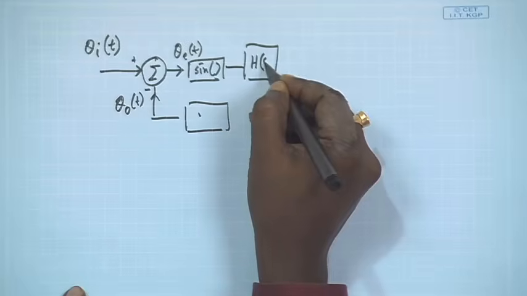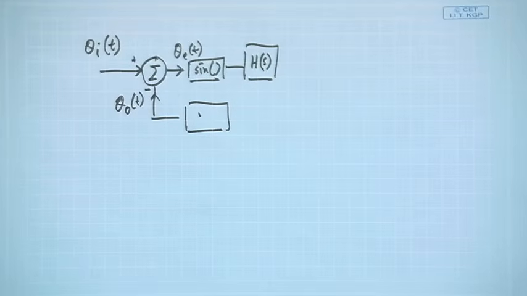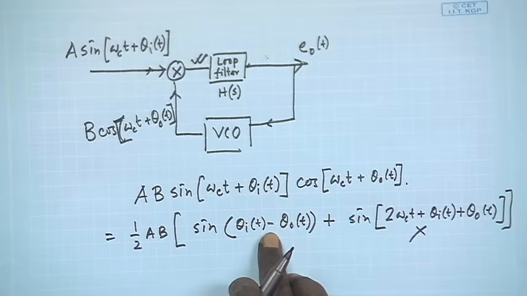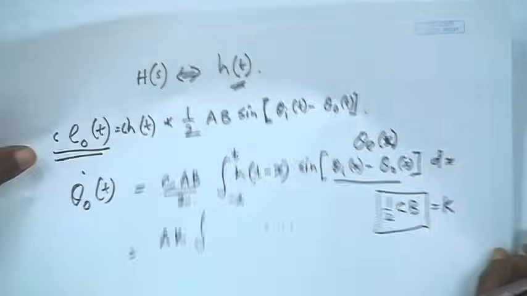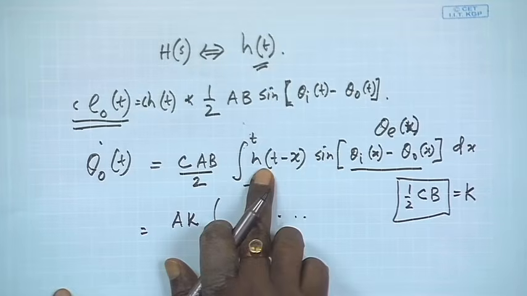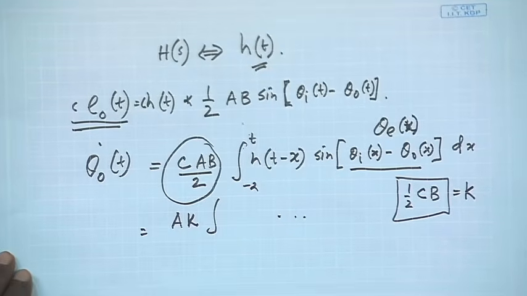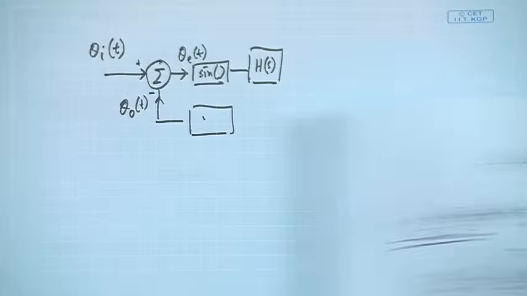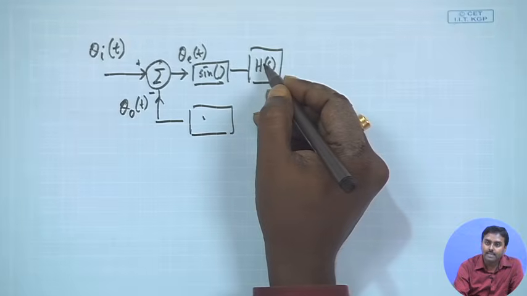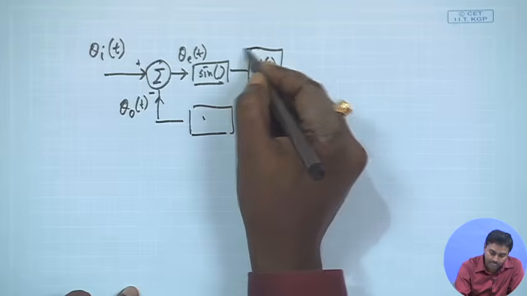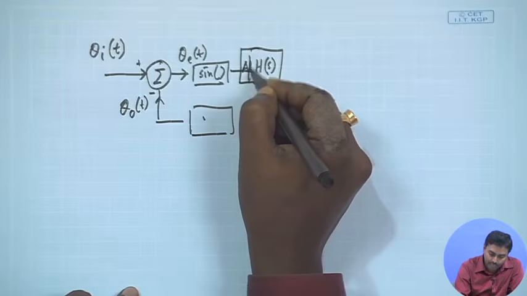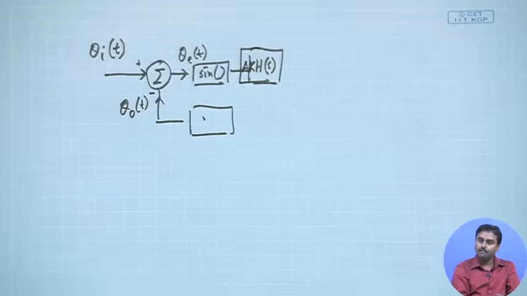Then I put this H(s), but in that H(s) I should also have a constant term. So in H(s) I can include that, and instead of H(s) I can put A K H(s), fine.